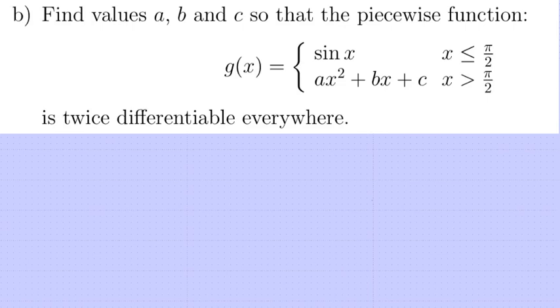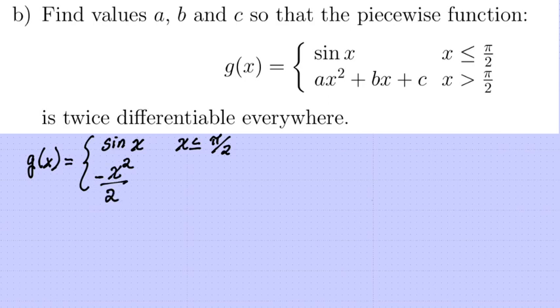At this point, I have that g of x is equal to sine x when x is less than or equal to pi over 2, and negative x squared over 2 plus pi over 2x plus c for x greater than pi over 2.